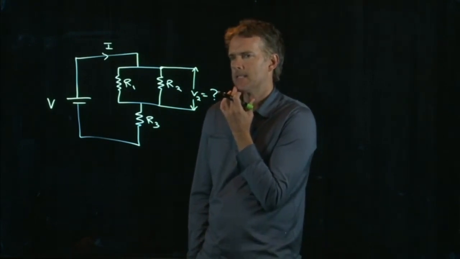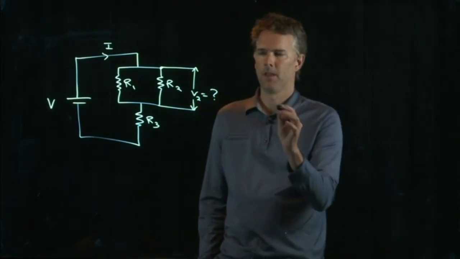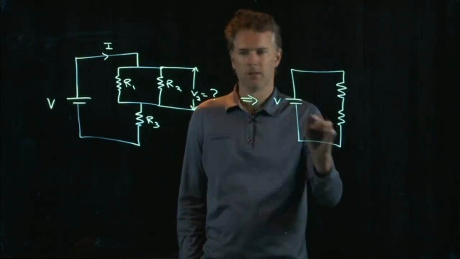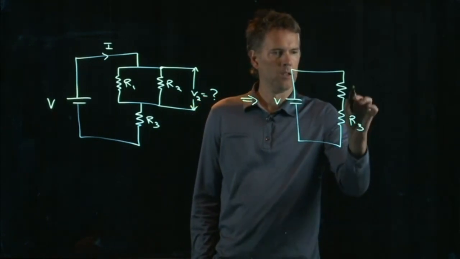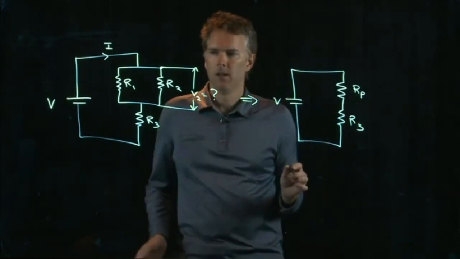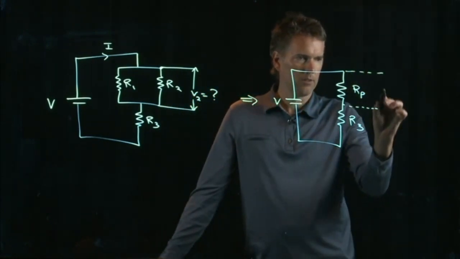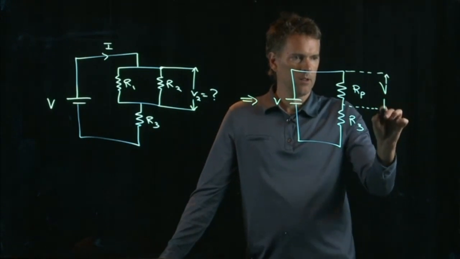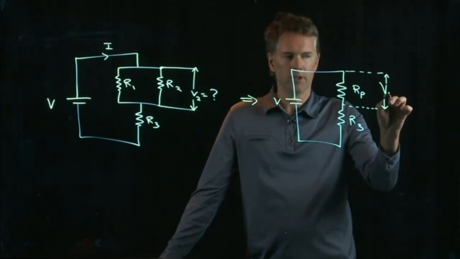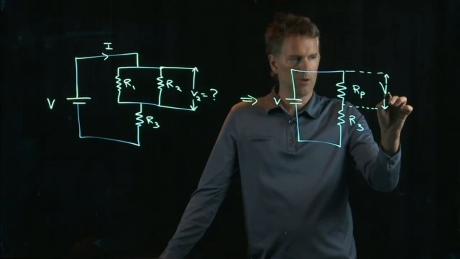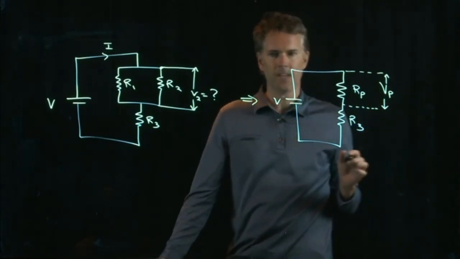Well, that's going to be the same as this. R3, this is RP, and they want to know the voltage across that, which is V2 or V1, or we could just call it VP.